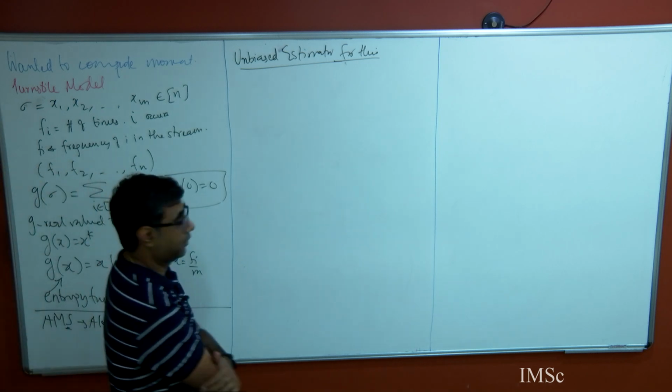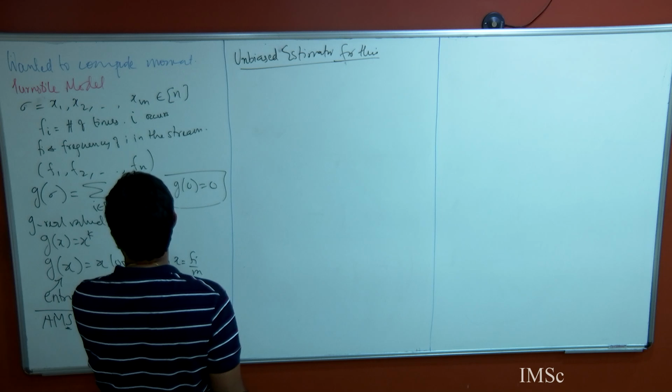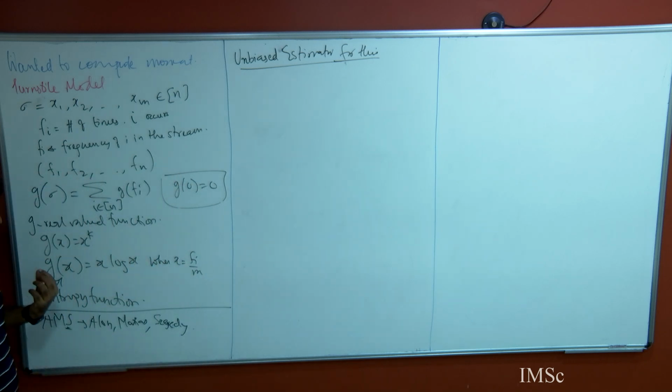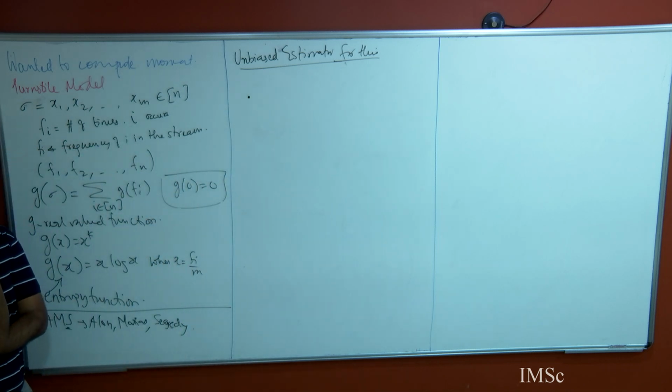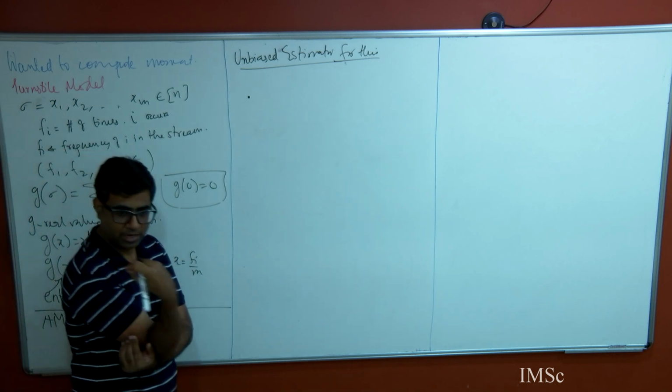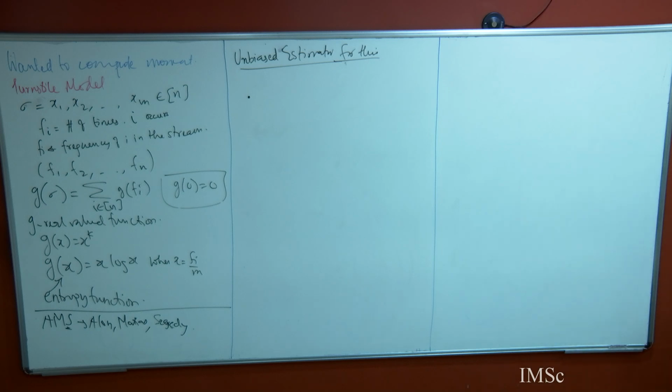Imagine that I don't even know how many items are going to come, but I know how to sample uniformly at random an item.